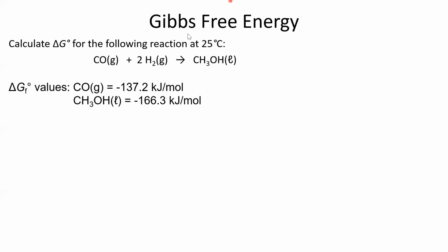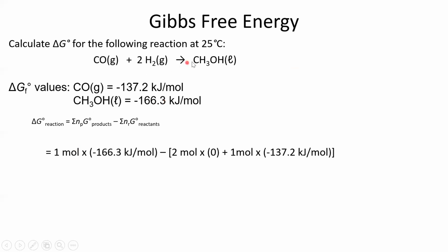Use the information that's given there. Really work on how you're solving the problem when we do them, so that when you go to do your homework and when you go to take your test, you've practiced how to solve these problems in a way that's logical, a way that you can follow, and a way that I can follow. So sum of the products minus the sum of the reactants.